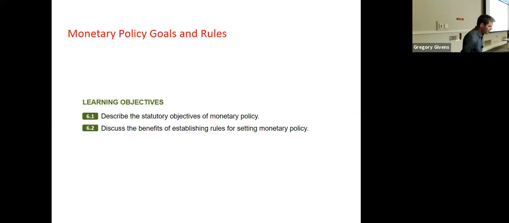Now, when the Fed or any central bank intervenes in these foreign exchange markets or intervenes in the market for government bonds, like an open market operation, it wants to do so by trying to influence the federal funds rate, or if we're talking about any central bank across the world, whatever its relevant policy rate is.